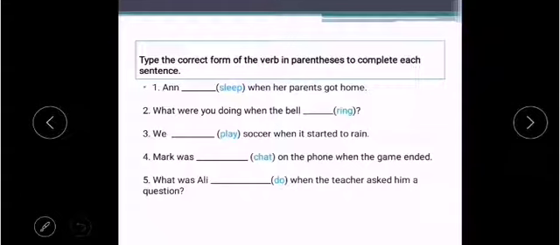شو هون بنحط؟ الجملة الأولى إجا فيها ماضي مستمر، الجملة الثانية بيكون ماضي بسيط. So شو بتصير هون؟ Ring. What's the past for ring?